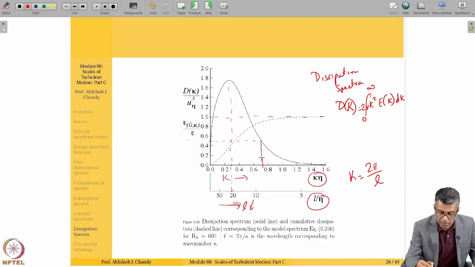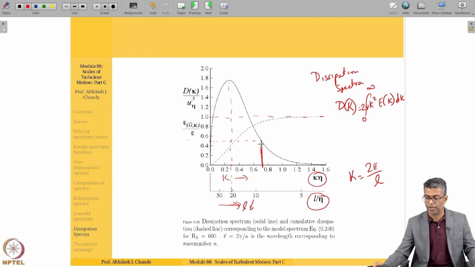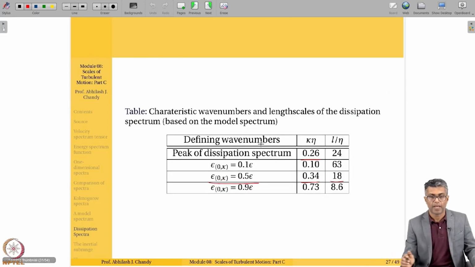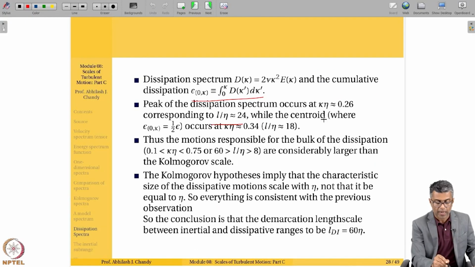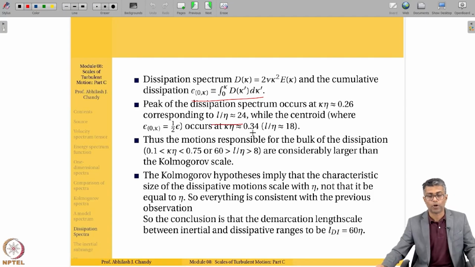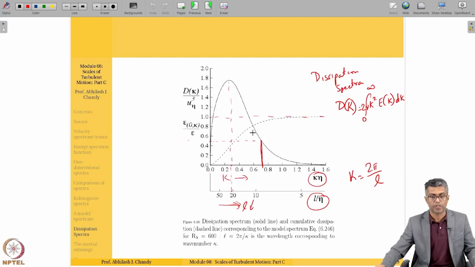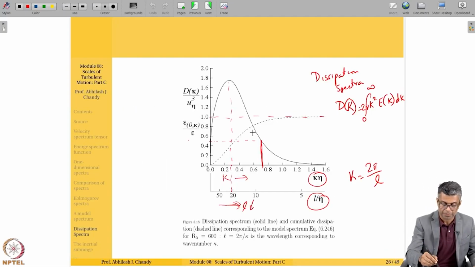So that occurs here. This is the centroid, isn't it? 0.34 and 18, where epsilon k is half of epsilon, occurs at kappa eta equals 0.34 and L over eta equals 18. So let's say I marked that wrong.